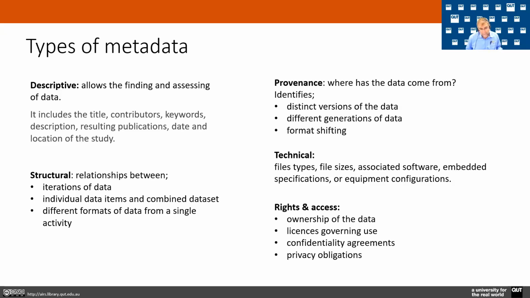And in terms of structural data, about how many different versions of the data exist, and sometimes it's important for research to see how the various experiments, how many iterations, how many components and subcomponents of the data sets there are, and I can show you some examples of that too.